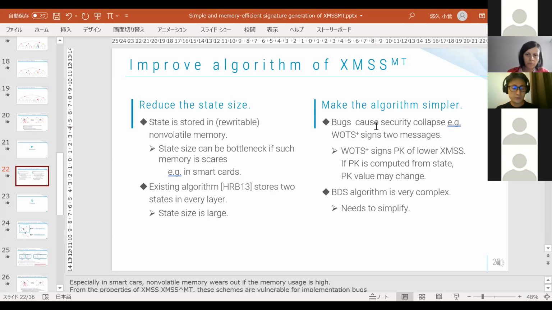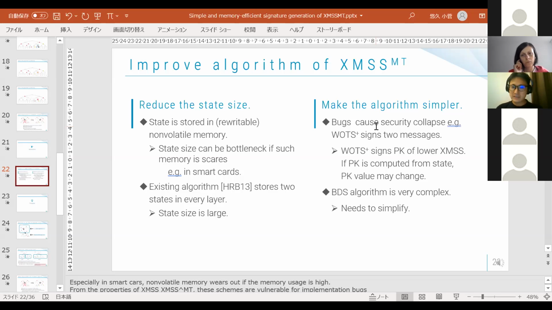Second, the procedures and the state structures are complex. From the properties of XMSS and XMSS-MT, they are vulnerable to implementation bugs. The security of the schemes is based on the assumption that a one-time signature generates only one signature.